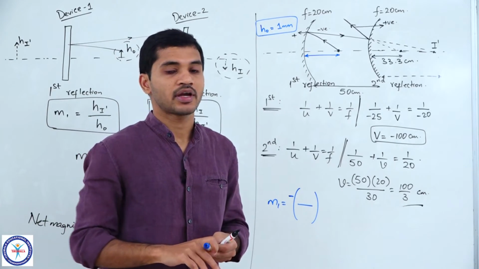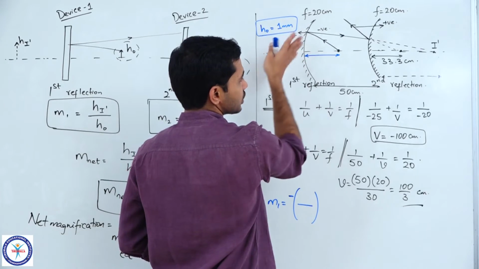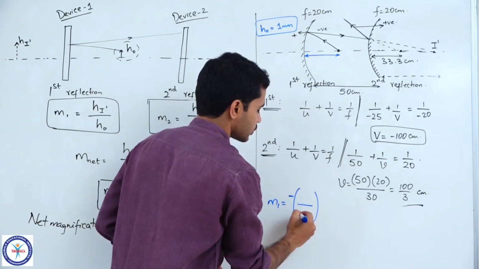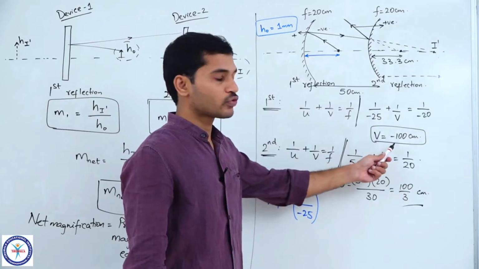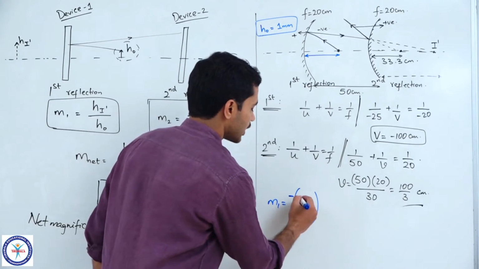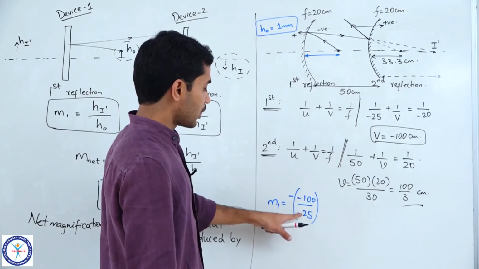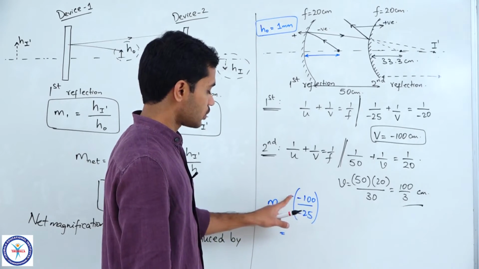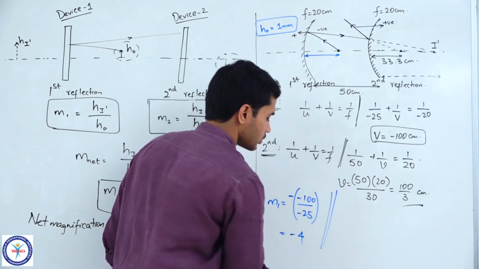It should be minus 25, because we have seen already this is the positive direction, this is the negative direction, so minus 25. Now what about the image? We already know that the image is formed at minus 100. So from here 100 on that side, so minus 100. Solving this, minus minus gets cancelled, and we get minus 4. So yes, I found M1.